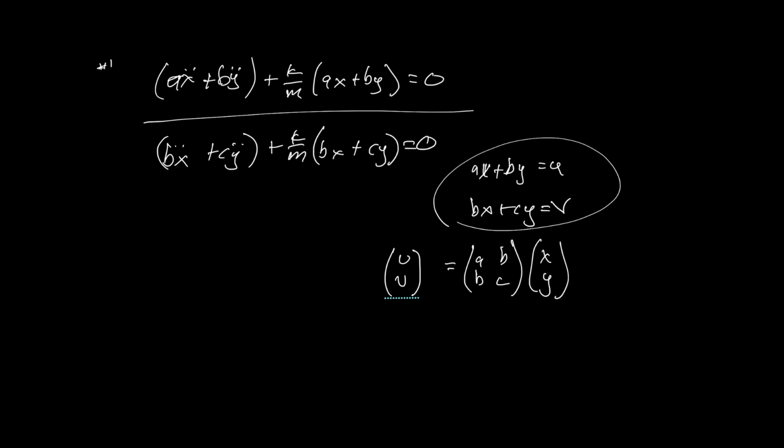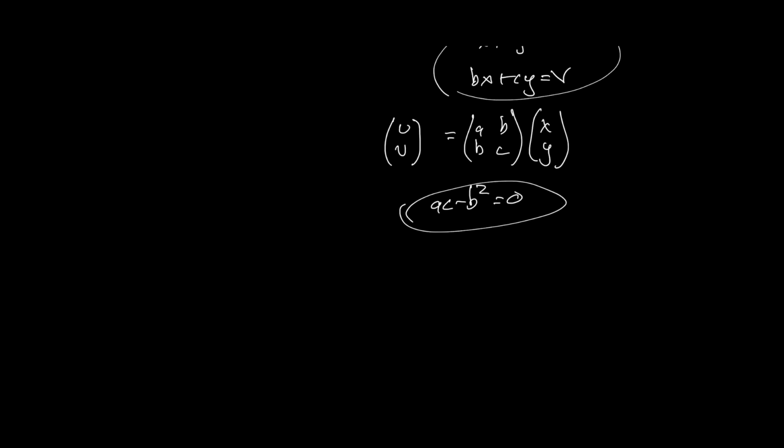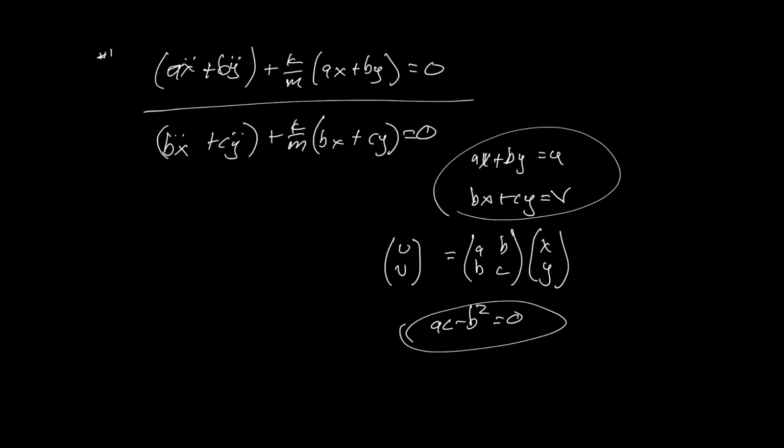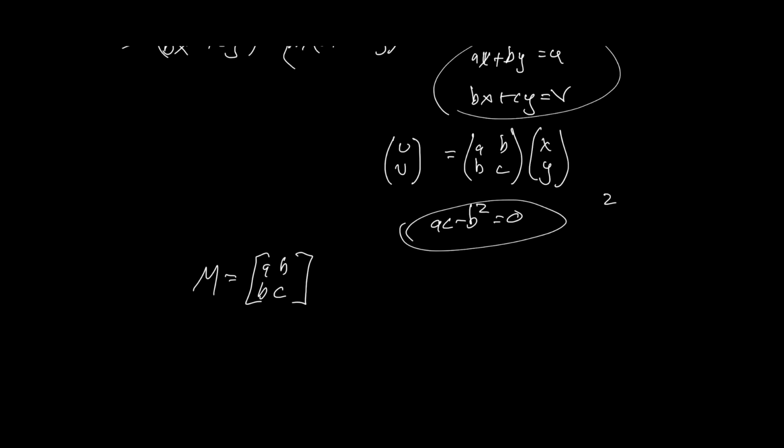And this is going to answer the question of why we can't have ac minus b squared equals 0. Anytime you have a system of linear equations, which is what these are, in linear algebra, for this matrix to describe 2 degrees of freedom, which we have for a 2D harmonic oscillator, the matrix has to be invertible. So the determinant of this matrix cannot equal 0.